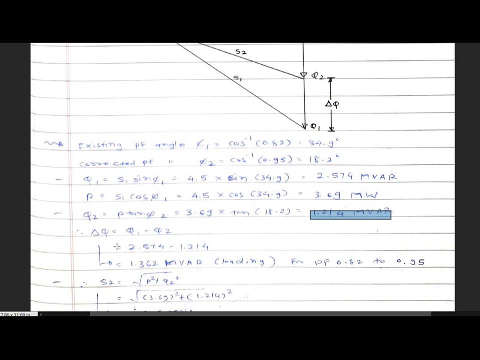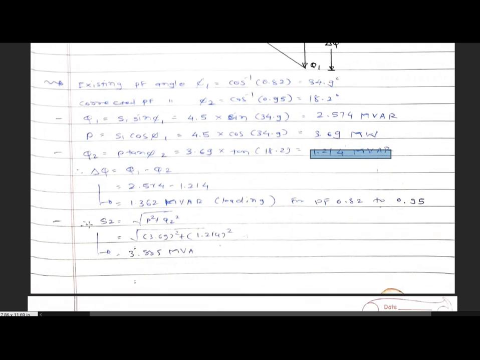So the value for the leading kVA required to improve the power factor from 0.82 to 0.95 is given by 1.362 MVAR, leading. For improving the power factor 0.80 to 0.95, we require the reactive power 0.362 MVAR in leading.